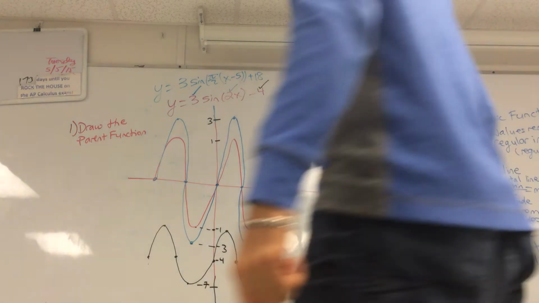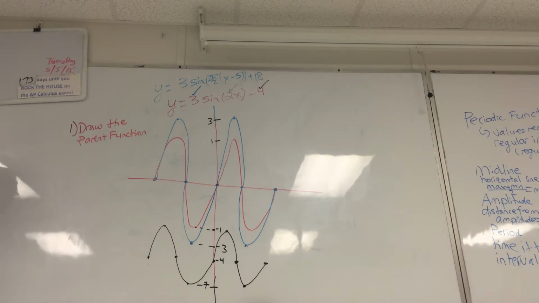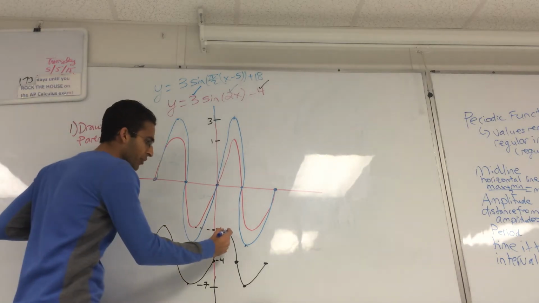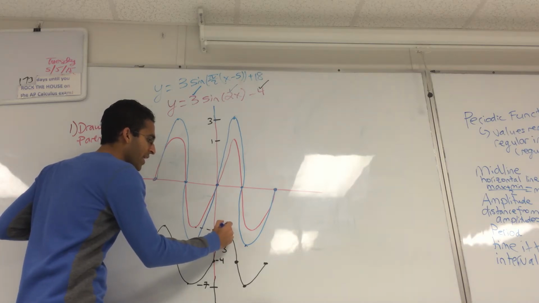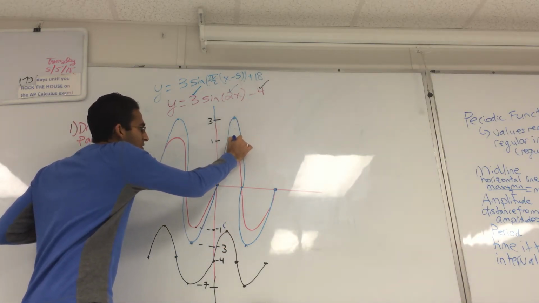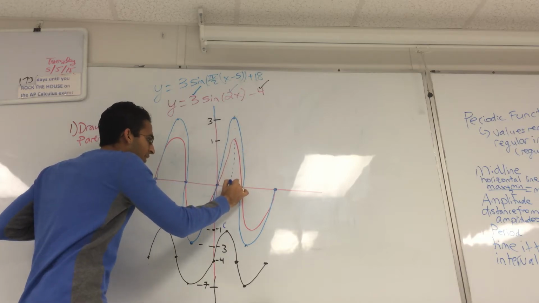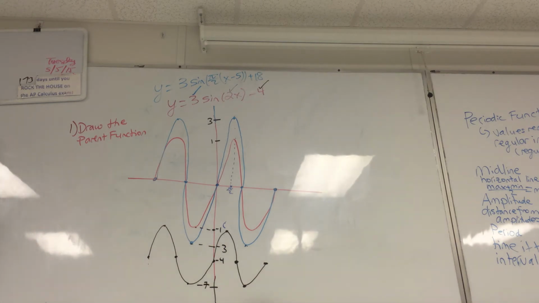Okay? So, let's see what's going to happen. Well, the coordinates of this point right here, what is the x value here? If you think about it, what is the x value? Pi over 2. This is pi over 2. This is this point right here.